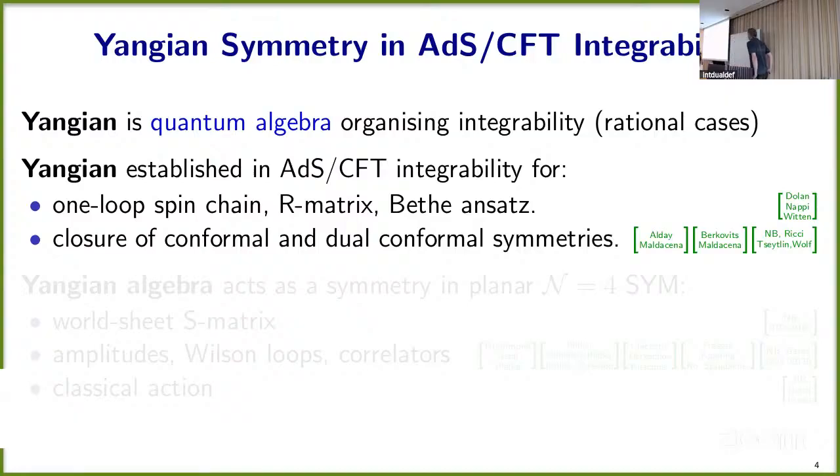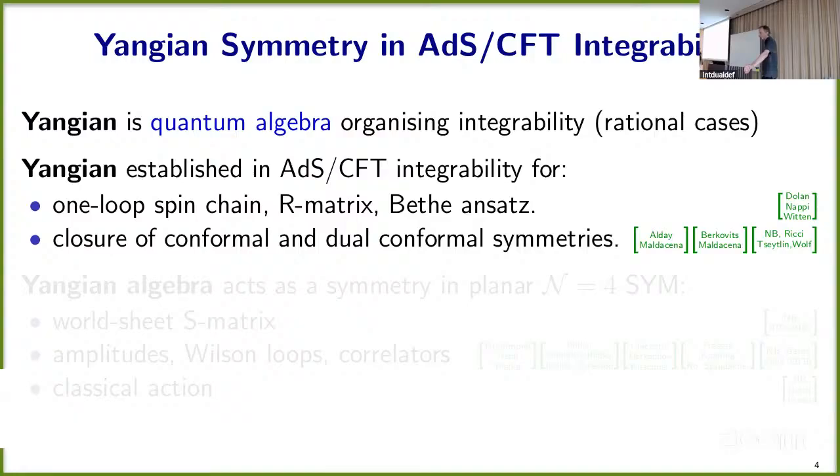Boundaries somehow break this Yangian symmetry, which is also an issue we will always have to deal with. But nevertheless, since it's some organizing principle, it would be good to understand whether this Yangian symmetry really exists, not just at the one-loop level, but at all loops, at finite coupling, and also in string theory, where this is also not fully understood, as far as I would say.